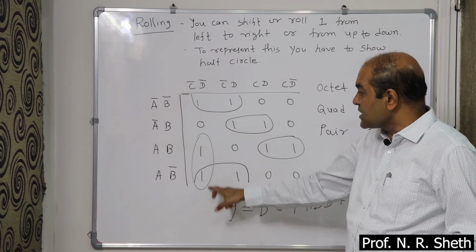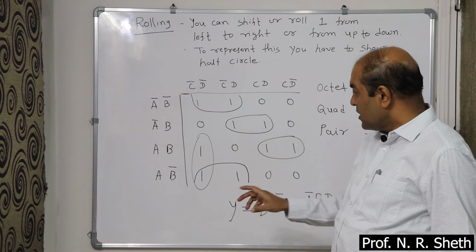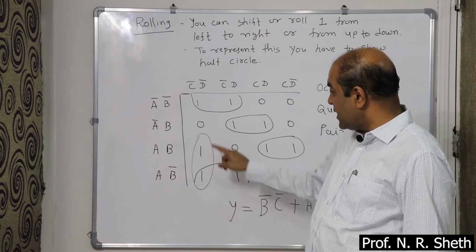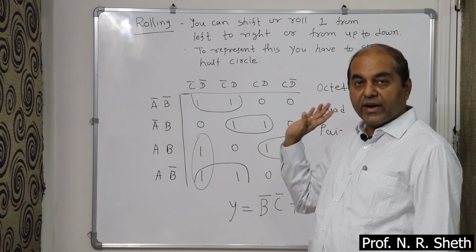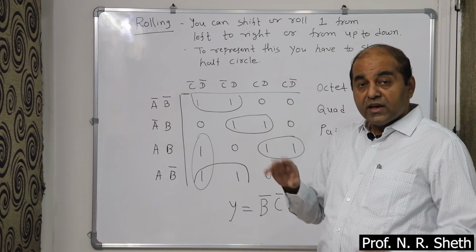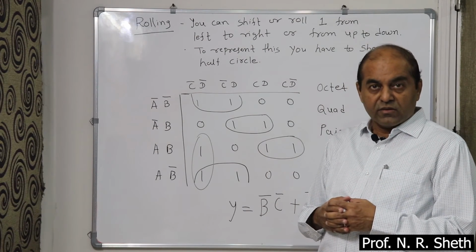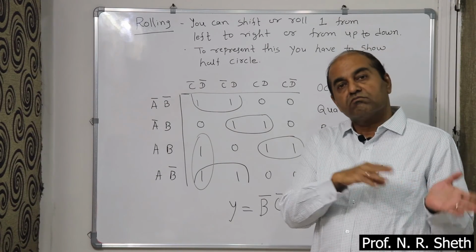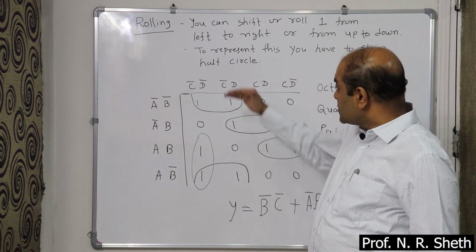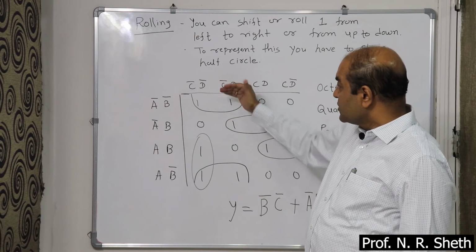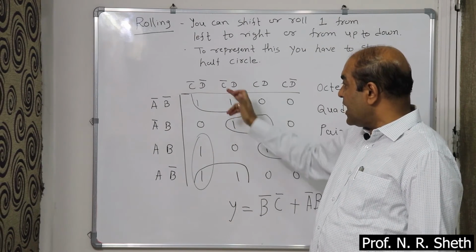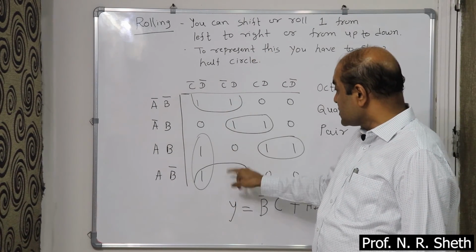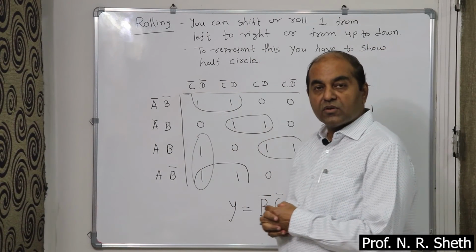This one we have used 2 times, one for this pair, second for this quad. Second, that is rolling. You can shift up to down, left to right. So here up to down. In place of preparing 2 pairs, I have prepared a quad. So this is an example of rolling.